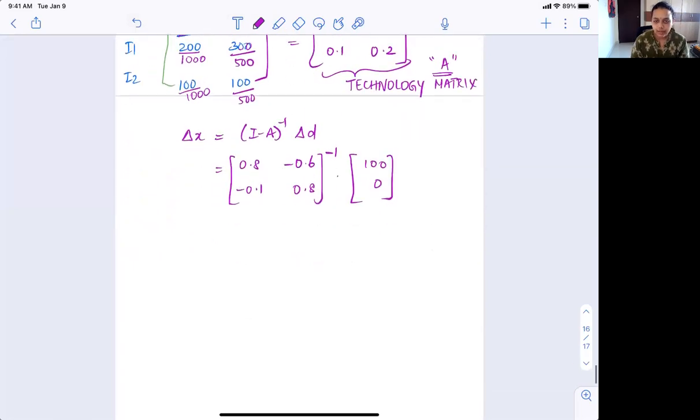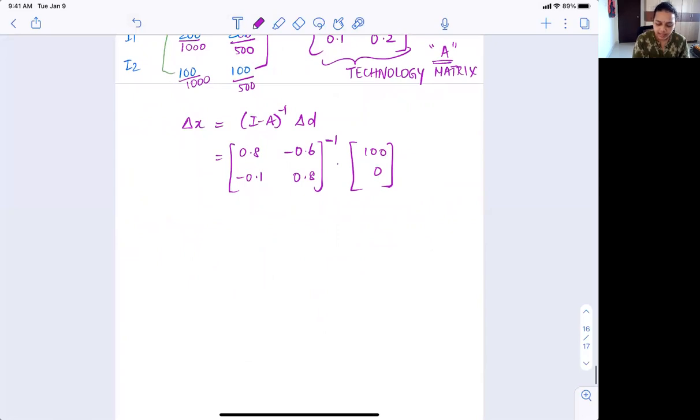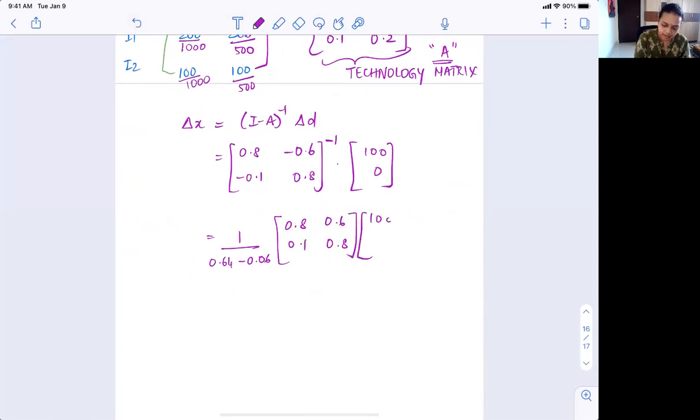Now let's go ahead and compute the inverse of this particular matrix. We are going to need the determinant of I minus A. So this will be 1 over 0.64 minus 0.06, times the adjoint matrix, which will just be 0.8, 0.6, 0.1, and 0.8, and multiply that with the demand change. The determinant will actually be 0.58.